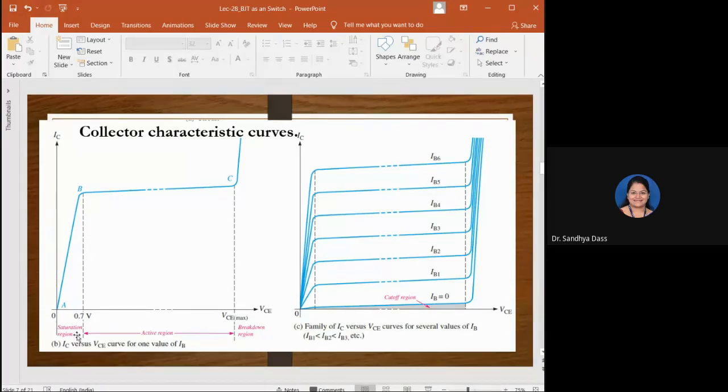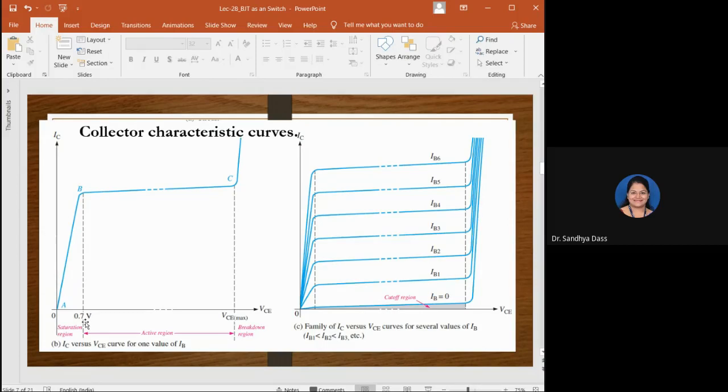So you understood saturation region, you understood active region. Saturation region is when the base emitter junction and base collector junction both are forward biased. When VCE is less than 0.7 volts, as you vary VCE, slowly the collector current also will increase.